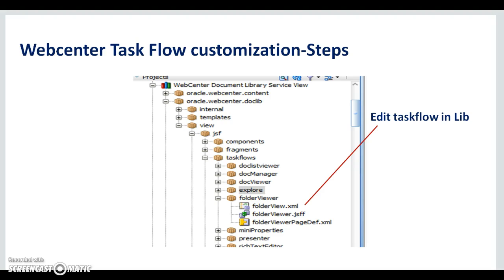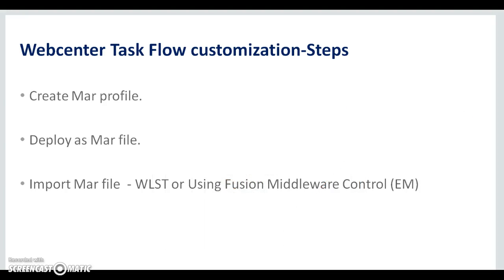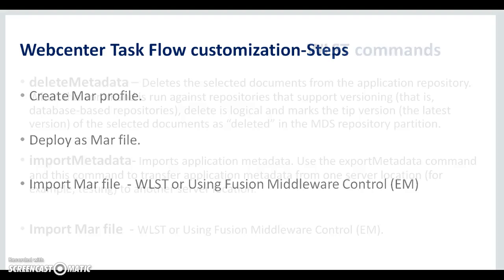There we will make some enhancements or customizations, add some beans and logic. Then we create a MAR profile in JDeveloper, deploy our application as a MAR file, and import that MAR file either using WST commands, Fusion Middleware Control, or Enterprise Manager.